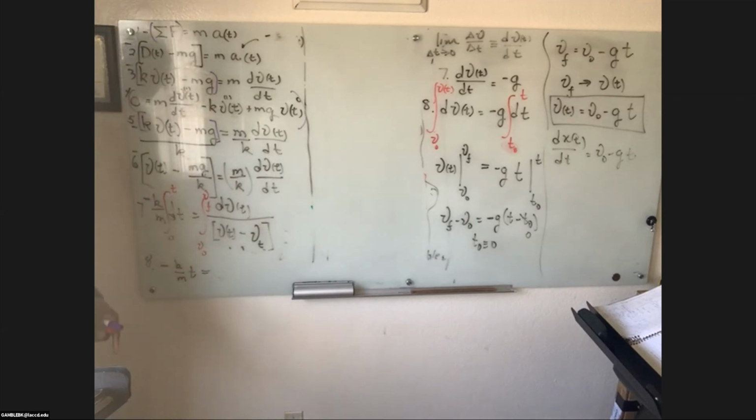And this is 1 over t, so you get the log of x plus b or something like that. Integral of 1 over x is log. Integral of 1 over x plus or minus b is log of x plus or minus b.